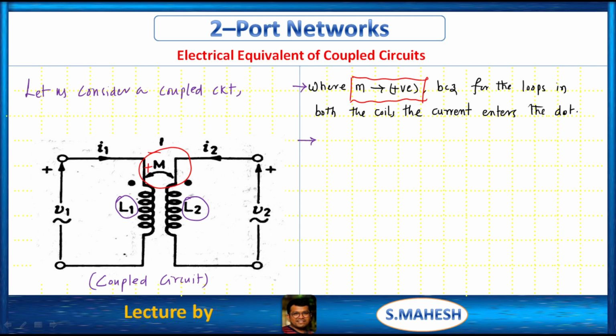Let us say L1 into di1 by dt, L2 into di2 by dt, and M into di2 by dt, M into di1 by dt, because M is present between two coils.